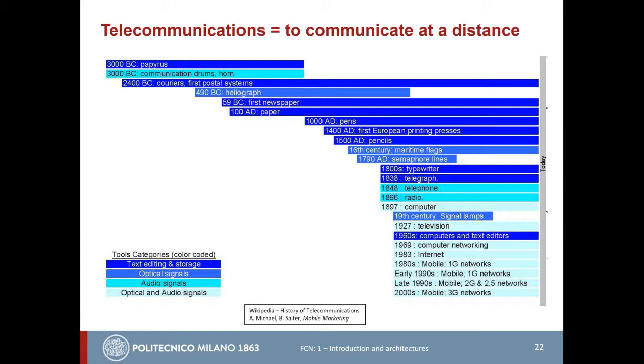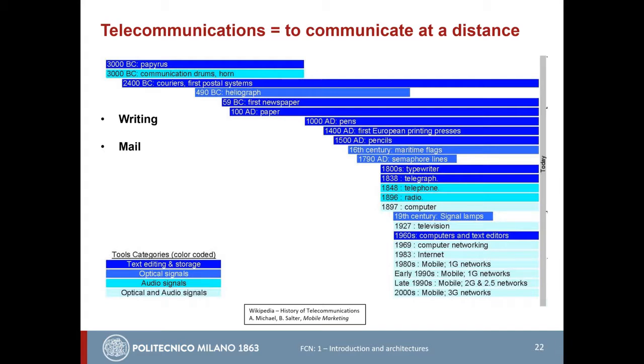These are the main ones, if you want. For example, if we think in broad terms, writing is a telecommunication means, because by writing something, you can communicate at a distance in time. What you write can be read not now, but maybe after a day, a year, and so on, and even ages.